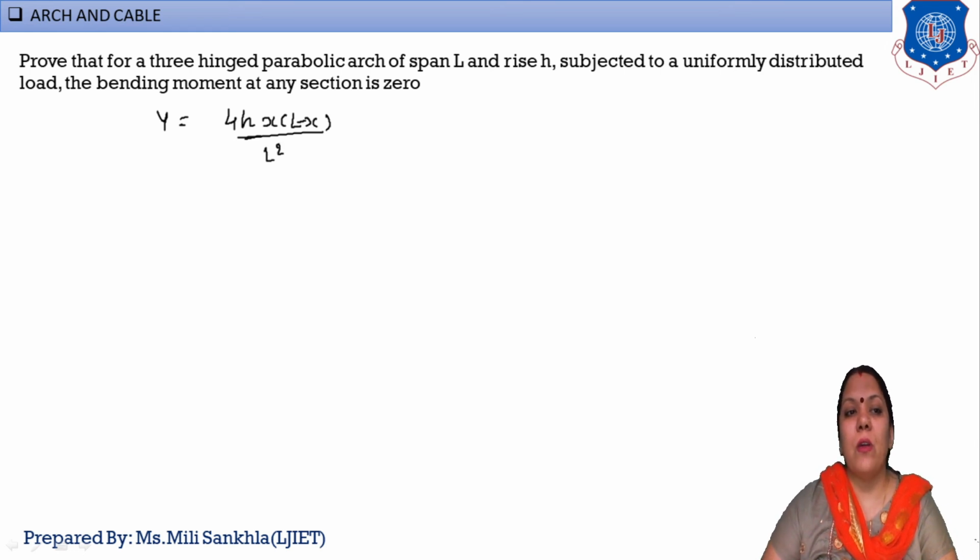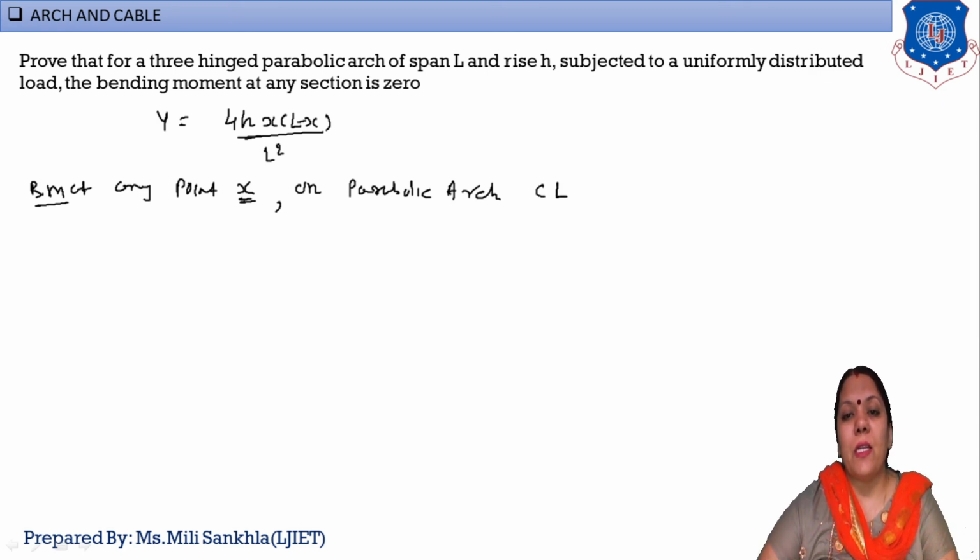Now we find out the bending moment at any point X on the parabolic arch. It may be on the left side or on the right side. Suppose here I take the left hand side.